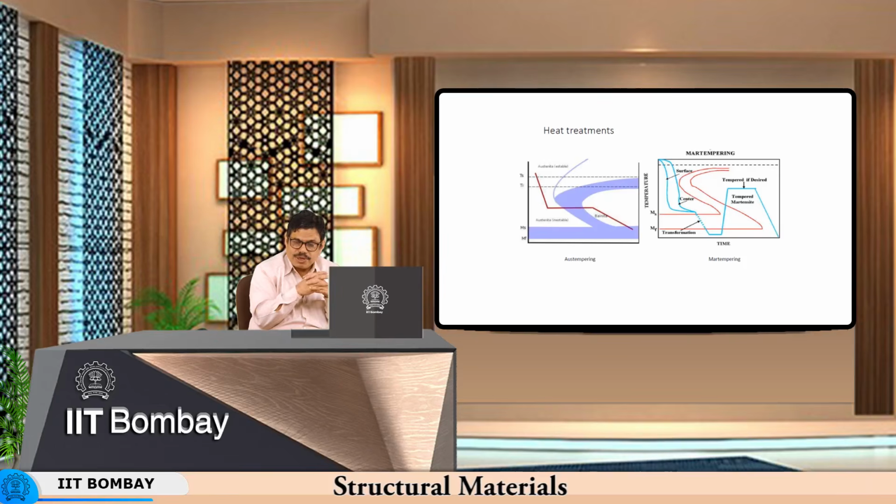So if we need toughness as well, then we need to remove some carbon from the martensite, and the carbon that comes out of this martensite will then form pearlite, and so you will get a microstructure of tempered martensite.